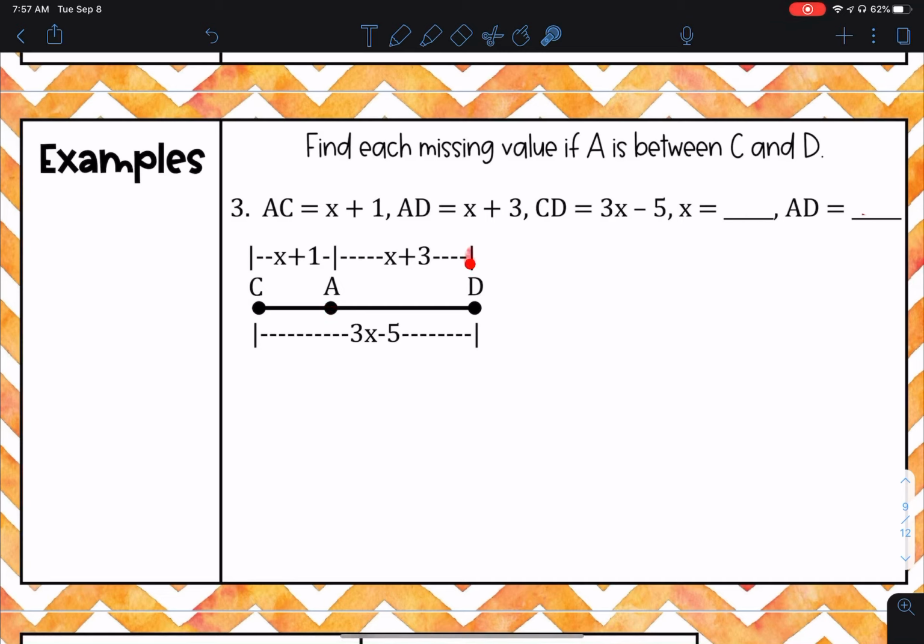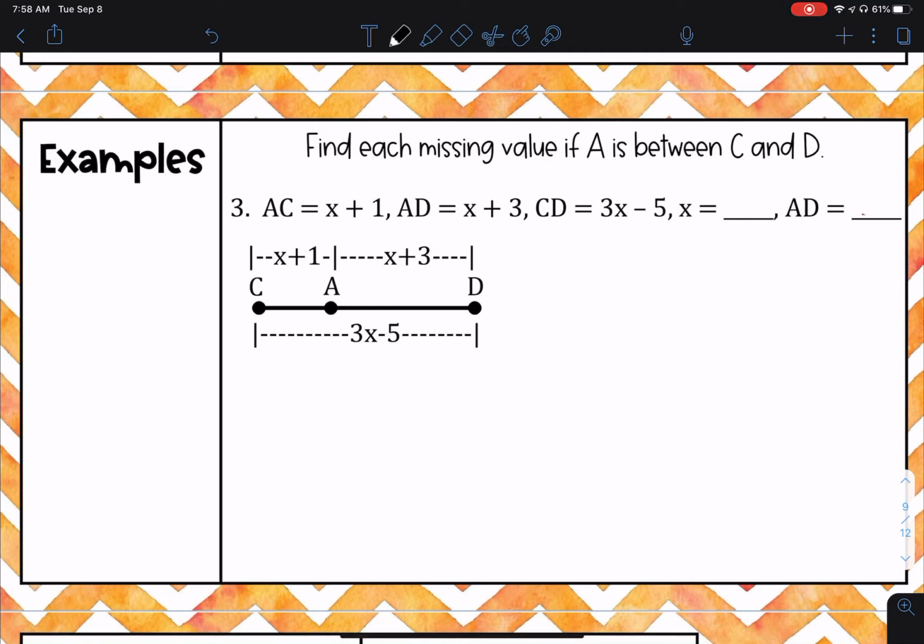And from all the way from C to D is 3x minus 5. It wants us to solve for x and solve for the distance from A to D.